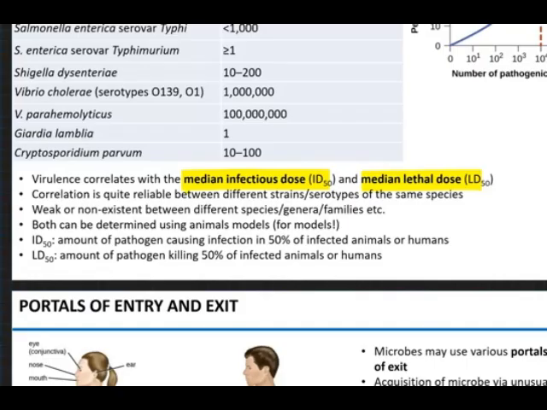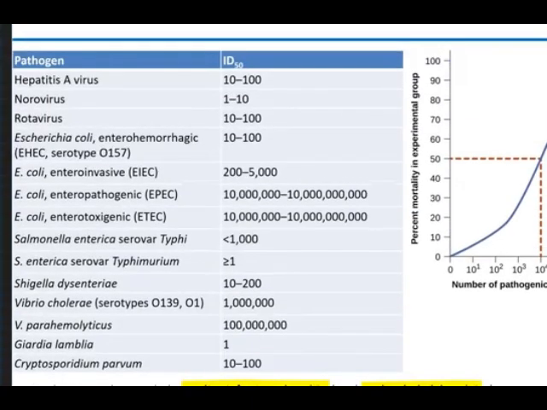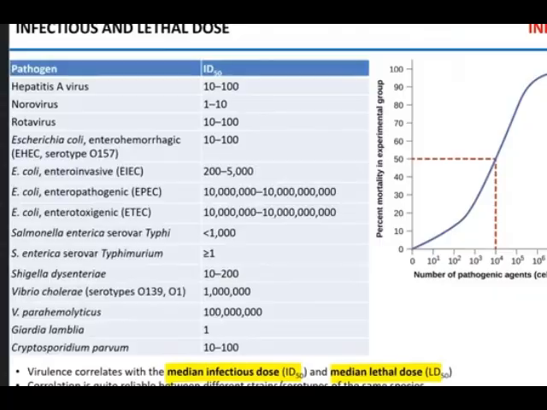Median lethal means half of the infected group dies. Median infectious dose means that half of the group actually becomes infected. Okay? So this table compares median infectious dose for different pathogens.